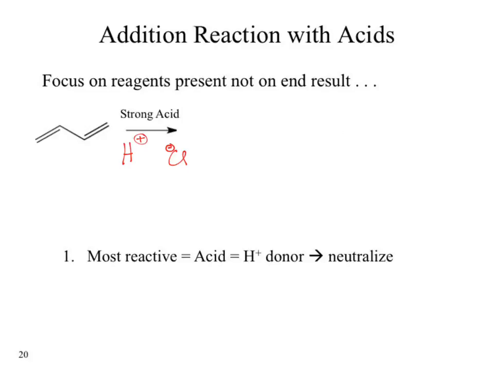Okay? So, what do we need to stabilize that positive? Electrons. Where are their electrons? In the pi bonds. Are the pi bonds different? Nope. So who cares? Pick one. Put the hydrogen on the structure. Draw the result. You got 10 seconds.